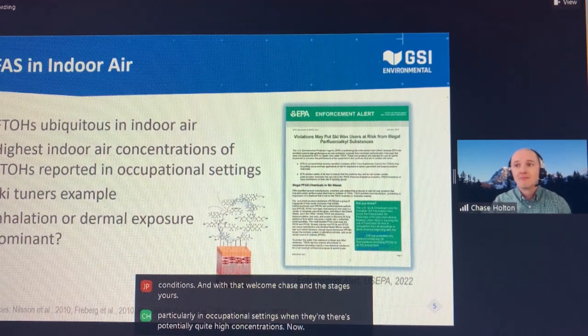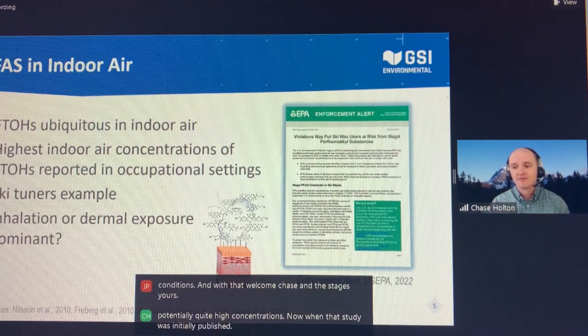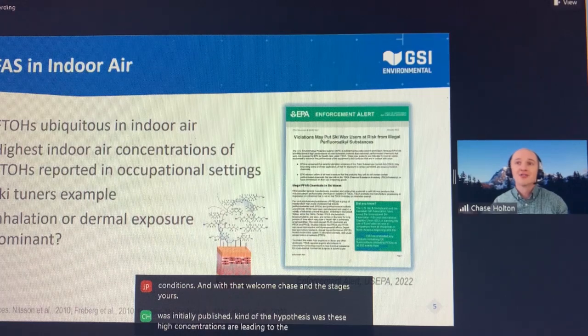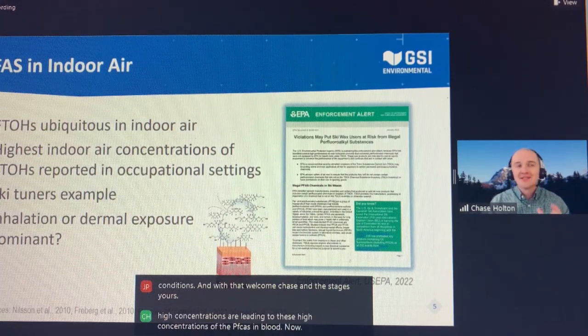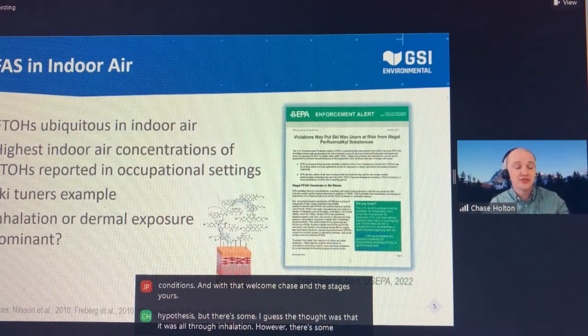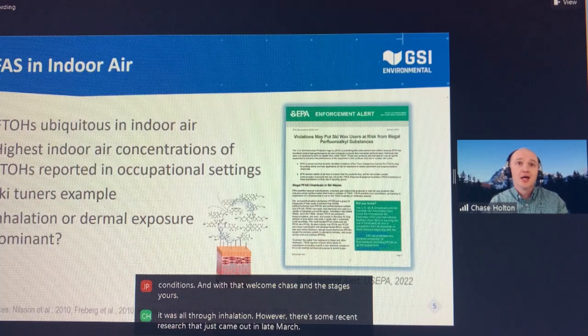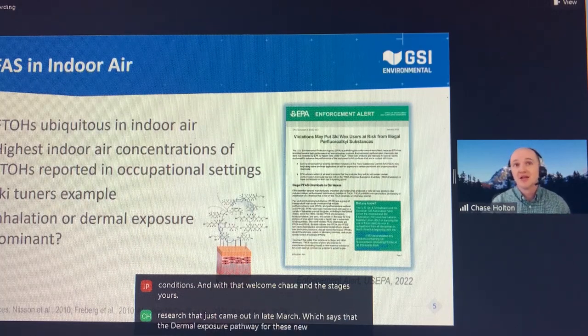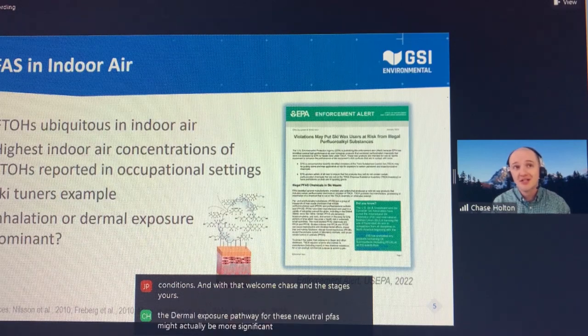Now, when that study was initially published, the hypothesis was that these high concentrations were leading to high concentrations of the PFCAs in blood. That's not a bad hypothesis, but the thought was that it was all through inhalation. However, there's some recent research that just came out in late March, which says that the dermal exposure pathway for these neutral PFAS might actually be more significant than inhalation.